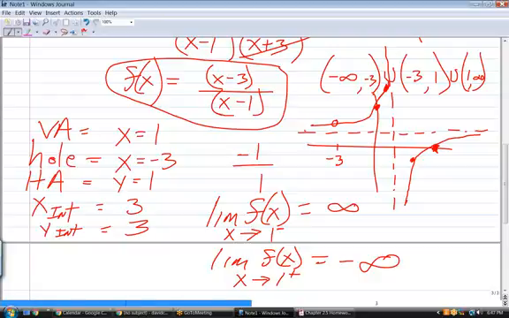If we're approaching from the left, we're going like this. If we're approaching from the right, we're going like this. So just choose whatever direction you're referring to, and you can read the answer right off the graph.